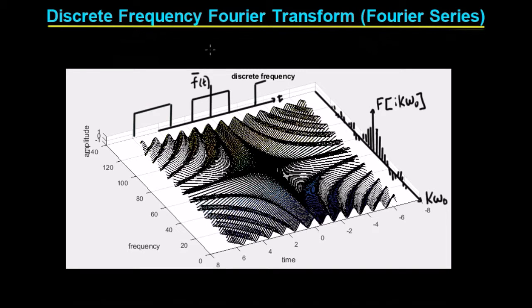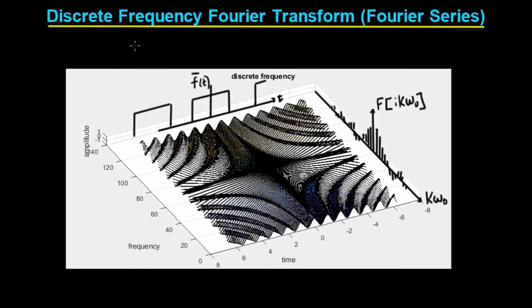So a discrete frequency Fourier transform takes a discrete function of frequency and produces a continuous periodic function of time. Whereas with the discrete time Fourier transform, a discrete function of time produced a continuous periodic function of frequency.